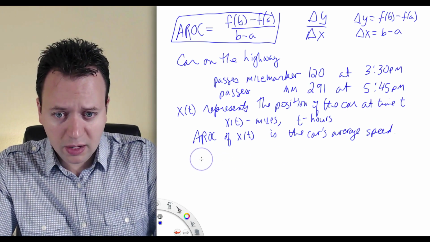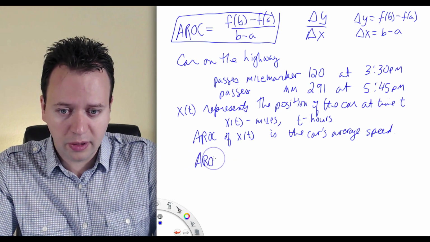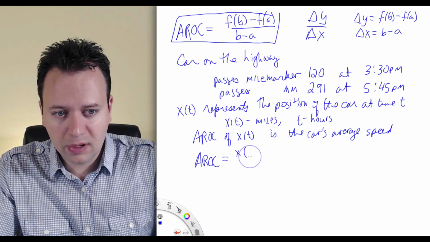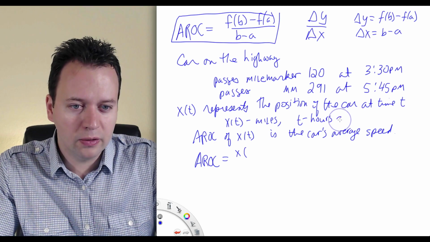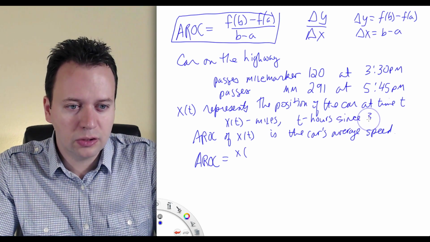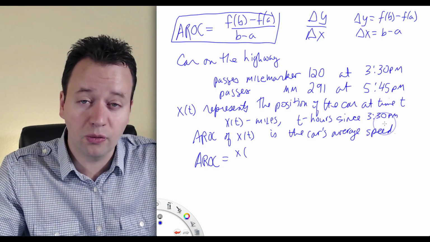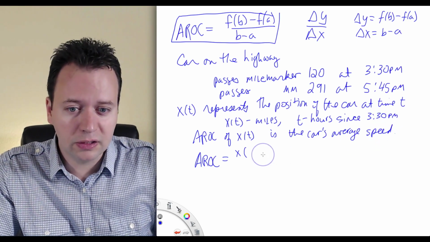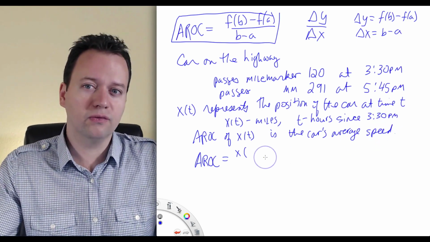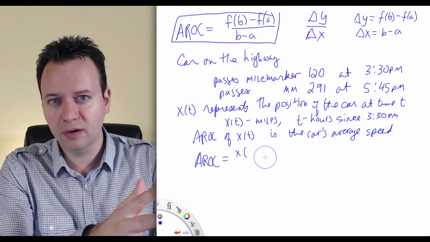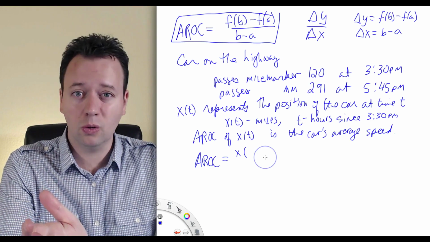So the average rate of change, we have to apply the formula. It's just going to be x. We can say that t is hours since 3:30. So let's set 3:30 p.m. to be the 0 point for the t-axis. So this is going to be, okay, we have to do a little conversion. 3:30, 4:30, 5:30. 5:30 will be 2 hours later. 5:45 is an additional quarter hour.